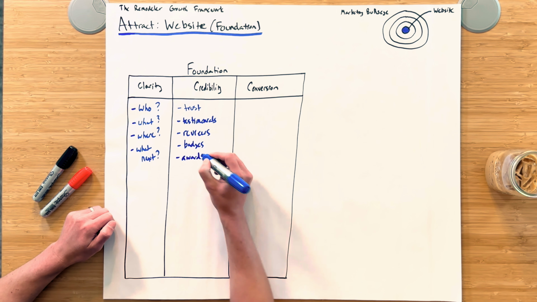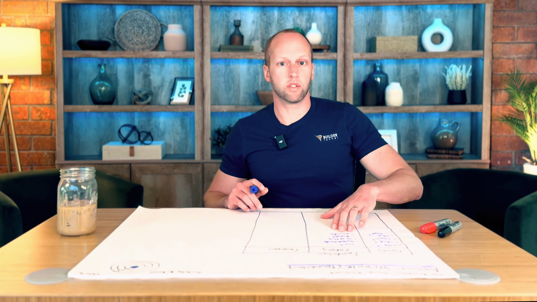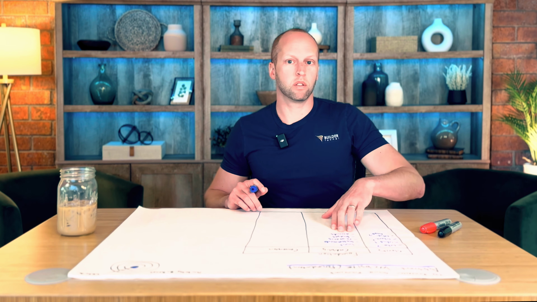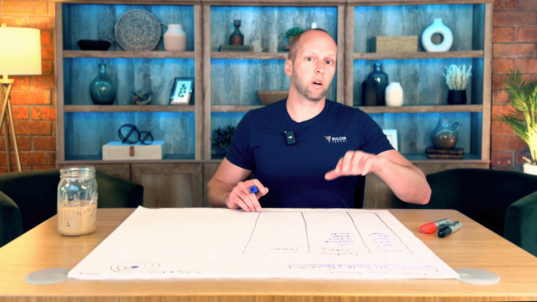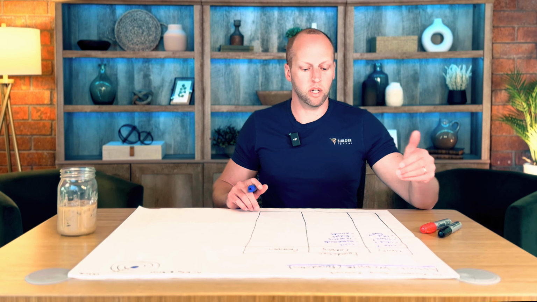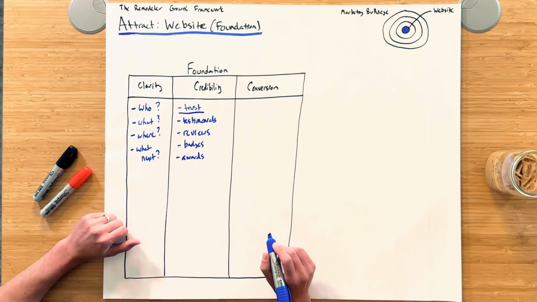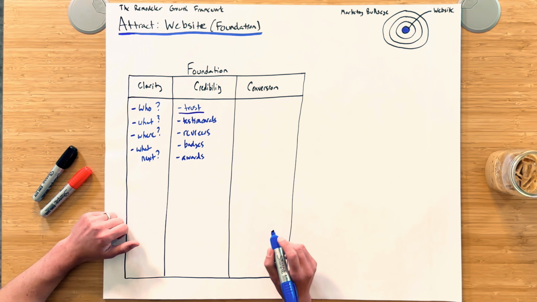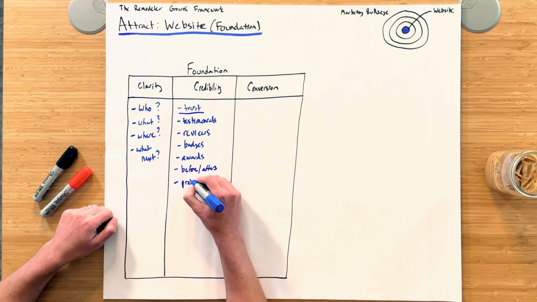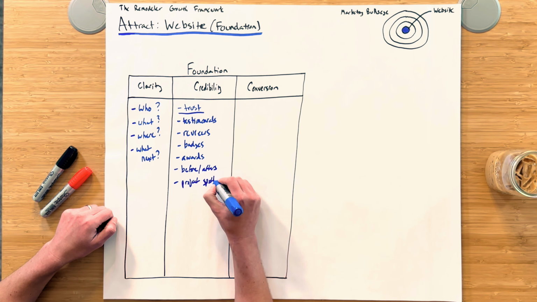Awards. And so if somebody sees, hey, wow, they've won 10 awards, they've won 20 awards, or they're a recent award winner from the current year, all of those things go towards building trust. And then this is a great time to use before and afters and project spotlights.